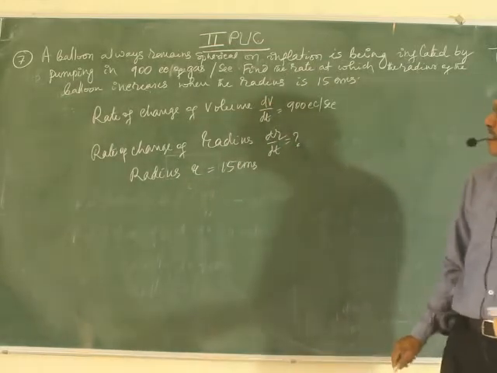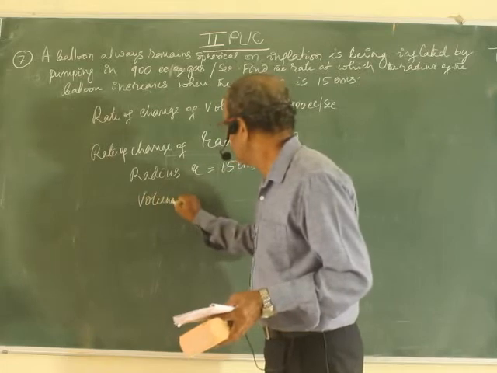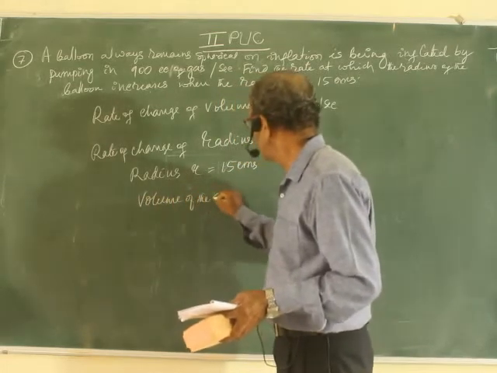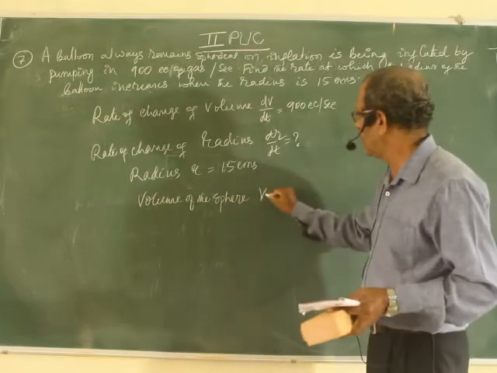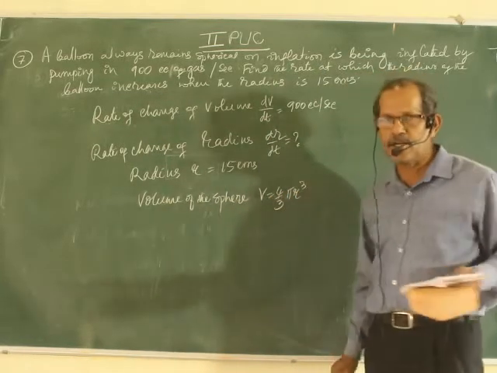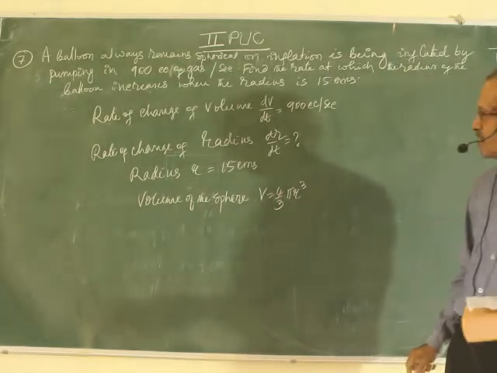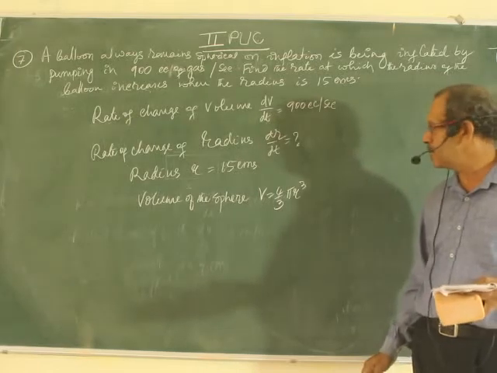Now you write the formula for the volume of the sphere. V equal to 4 by 3 pi r cube. I think you remember this formula.